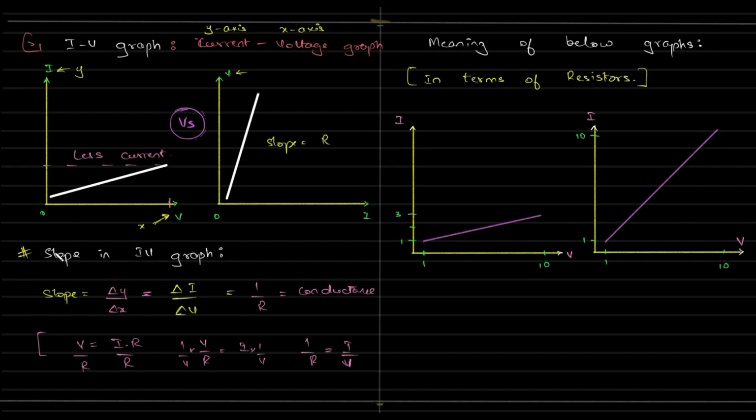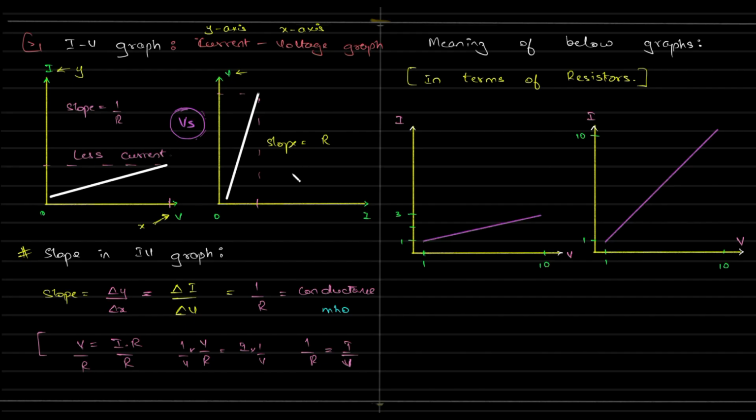Okay, so that's the difference. Here too, it represents the same. You have huge voltage, but very less current. This is the VI graph, this is the IV graph. So in the IV graph, the slope gives you the reverse of resistance, which is known as conductance. Conductance has a unit as well, mho. I don't remember the symbol as of now, but conductance is mho.